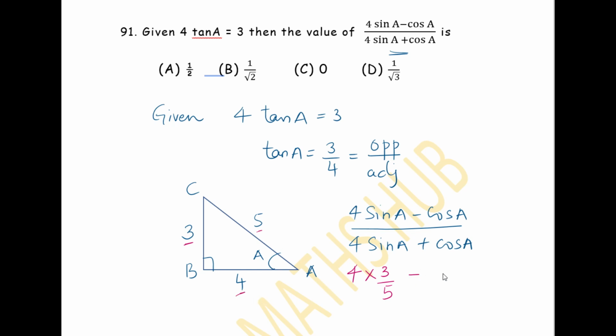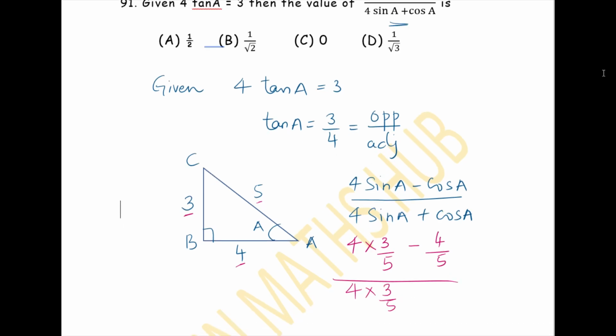Adjacent divided by hypotenuse, that is 4 divided by 5, whole divided by 4 times sin A again, 3 by 5, plus cos A is 4 divided by 5. What you get? 4 3s are 12 minus 4, as it is, whole divided by 5, because the denominator is same, divided by 4 3s are 12 plus 4 divided by 5.